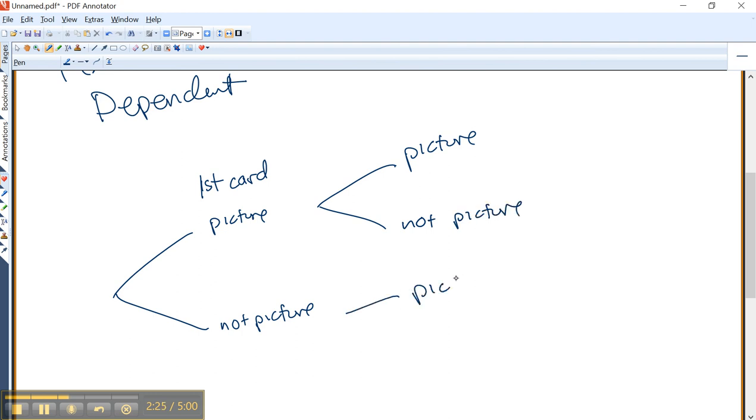And your second card is either picture or not picture. Sometimes that will just help you visualize it a little bit. And so again, whether or not we pick a picture for our first card will affect how many picture cards are left over for the second time.